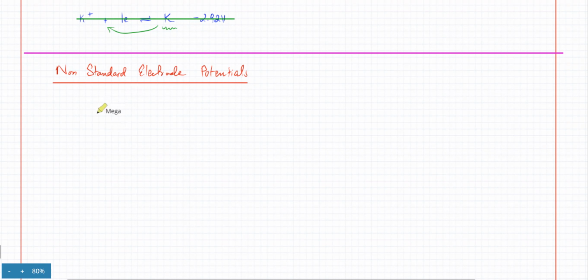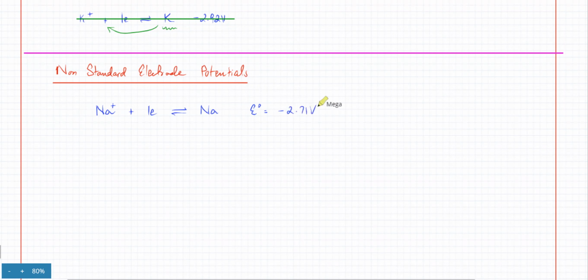Previously, we wrote down electrodes like sodium ions gaining electrons to form sodium, and the E naught value we calculated was minus 2.71 volts.